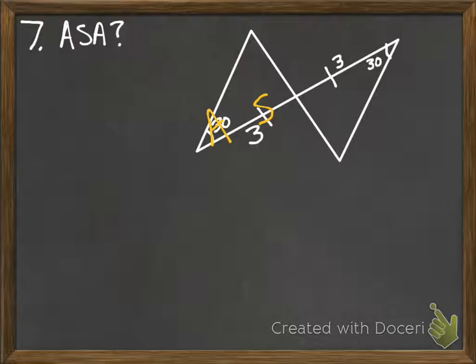But looking more carefully, we should note that these two angles are congruent because they're vertical angles. So because those two are congruent, that gives me another angle. So I get angle, side, angle. So yes, these can be proven congruent also.